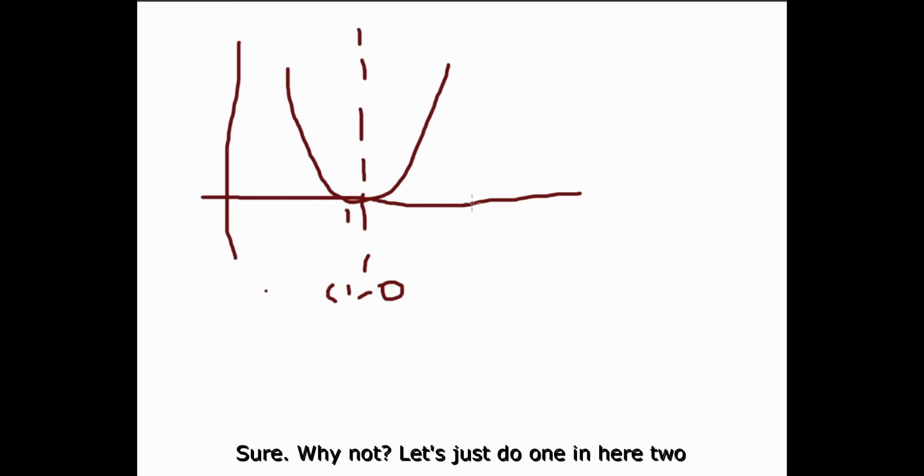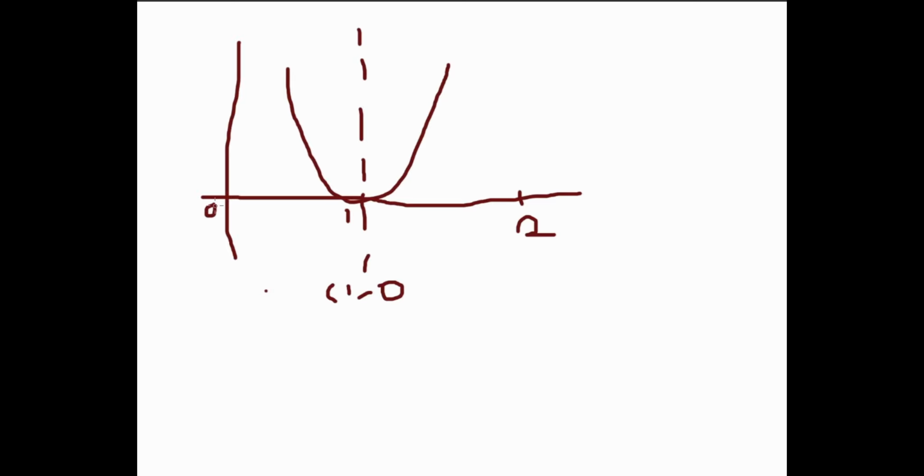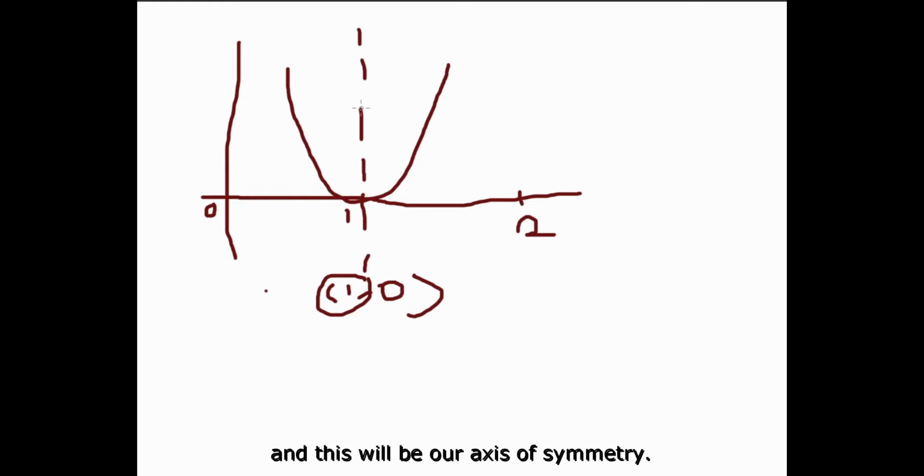Let's just do 1 and here's 2. The axis of symmetry would equal to 1. We will take the x value and this will be our axis of symmetry.